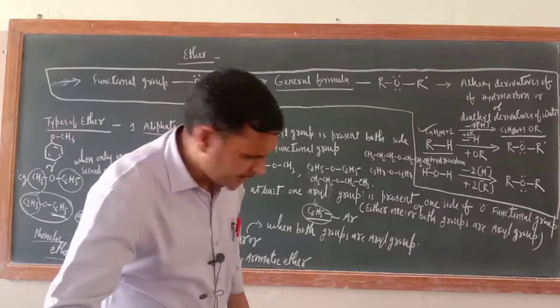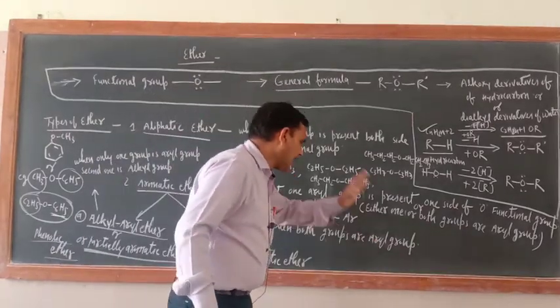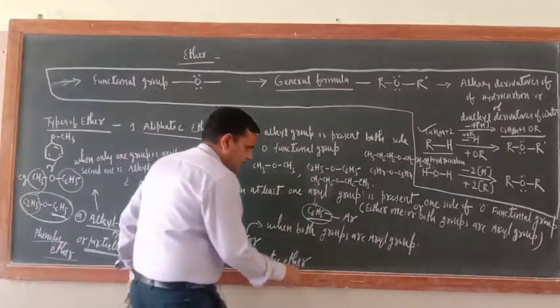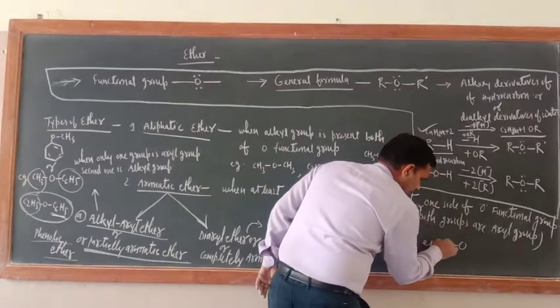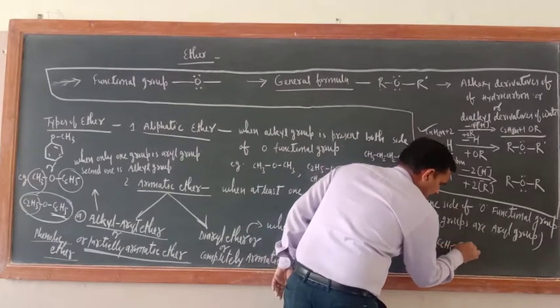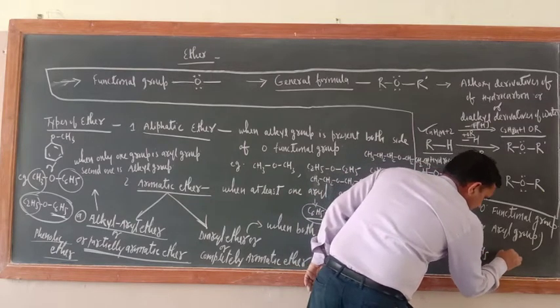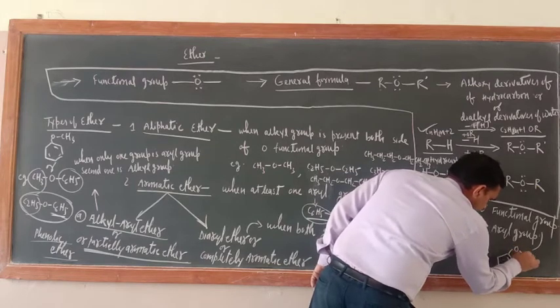Another one is when both groups are aryl group. So they are completely aromatic. Just see the example. This is oxygen. Both side what is there? C6H5, C6H5. You can make like that also. This is benzene ring. Here oxygen.